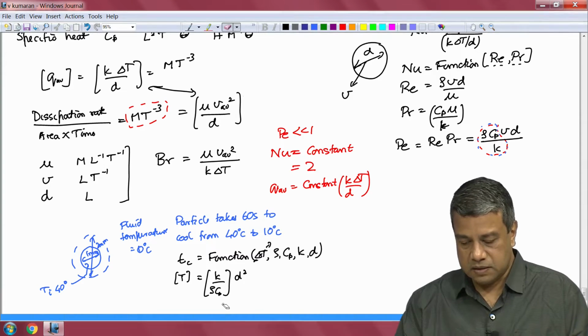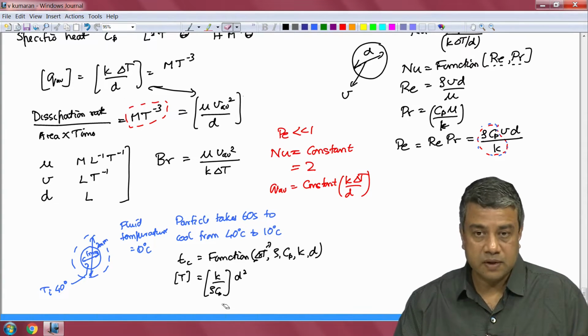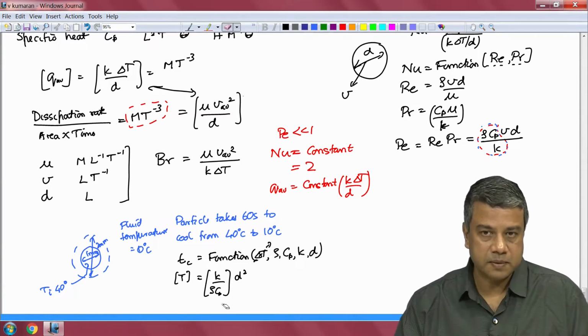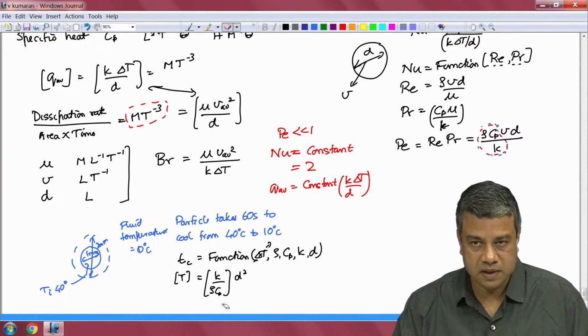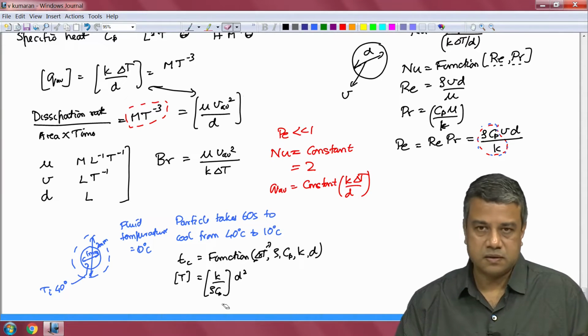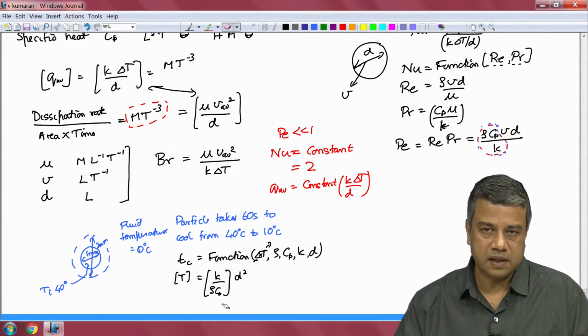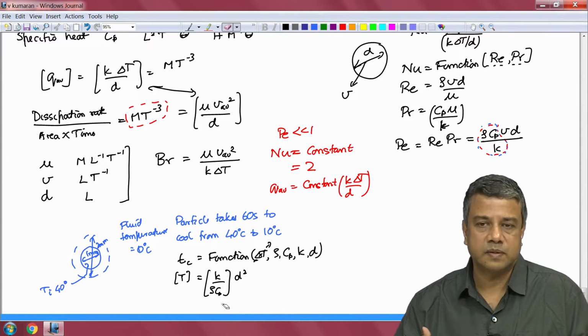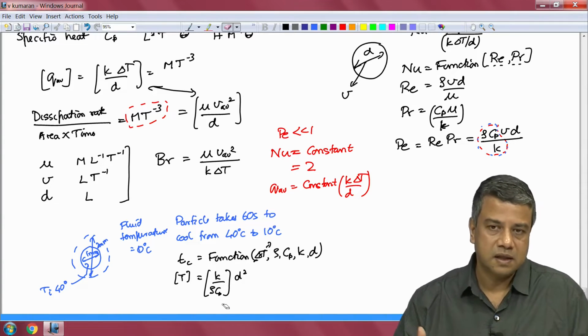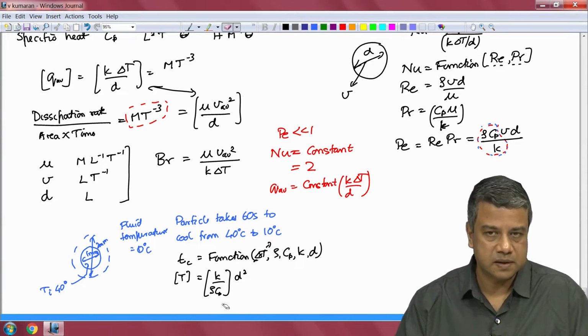So, therefore, the time required for cooling, just from this simple dimensional analysis, is proportional to d square. If I double the particle diameter, the time for cooling goes up by a factor of 4. That we could get just on the basis of simple dimensional analysis.